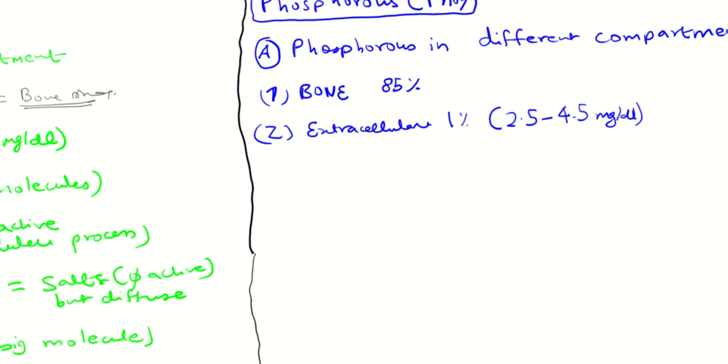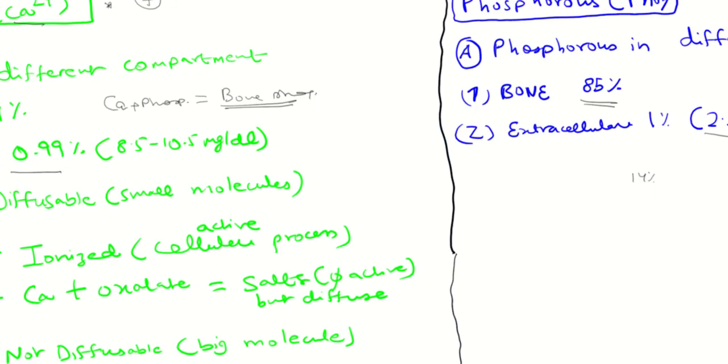So calcium and phosphorus pretty much are the same in the extracellular space. The level is 2.5 to 4.5 milligrams per deciliter. And again, 85% of it is in the bones. So what's remaining? 14%, right? That's 14% of phosphorus.